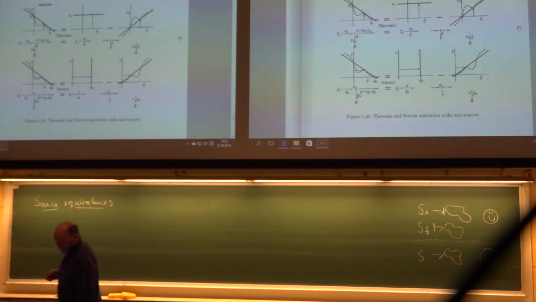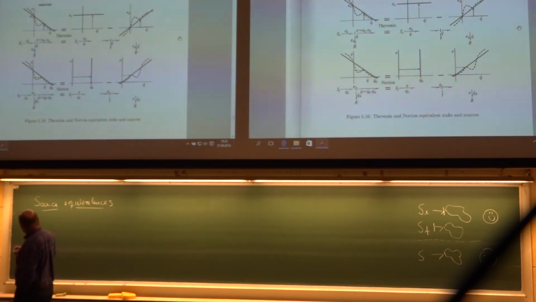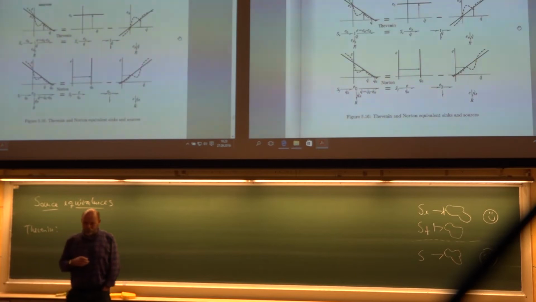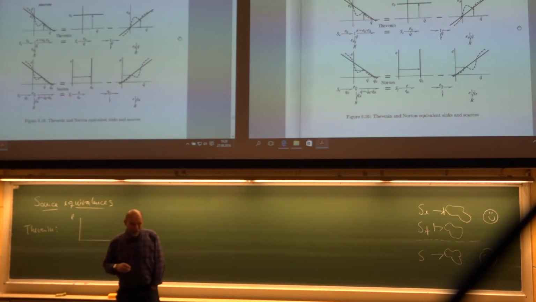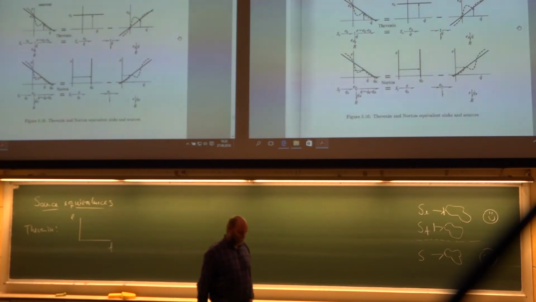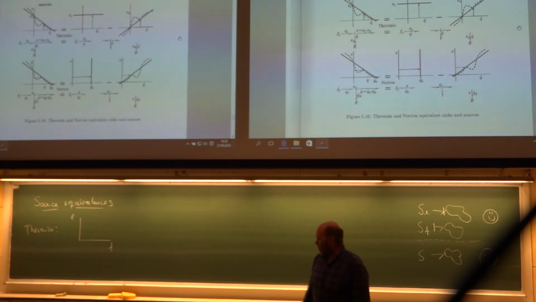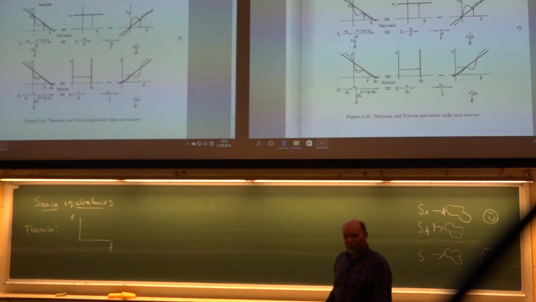So if we start with a Thevenin source, Thevenin, a source equivalence. So here with an effort flow diagram, effort and flow, you have some real source. So the characteristics of the source shouldn't be too complex.